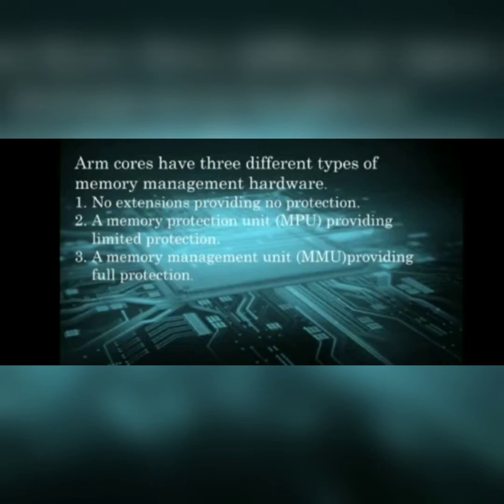If the data is not that important or is just essential, we can go for the memory protection unit MPU providing limited protection. If the data is not important at all, for example if you want any device to act as a simple thing, then we can go for no extension providing no protection.